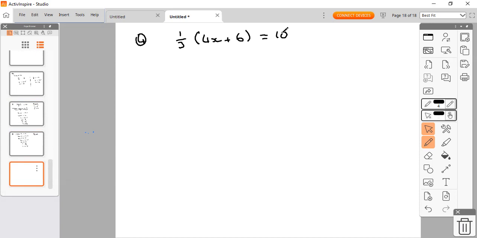It's the same process we just did. The barrier in this case is the bracket.